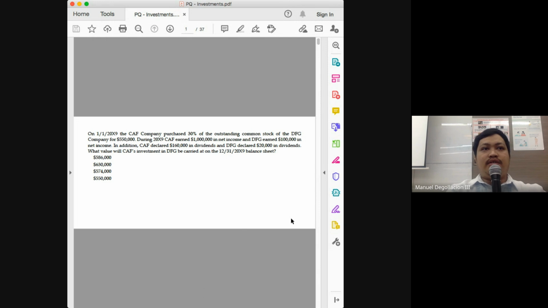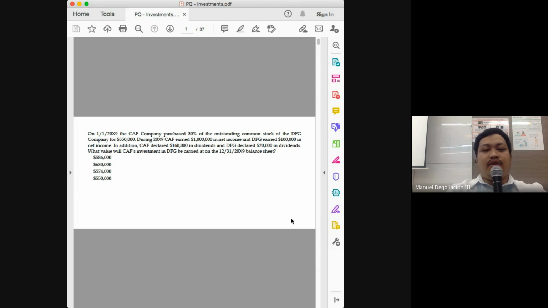In other words, the investor will be part owner of the investee. But not all instances of a company owning a part of another company will the relationship be considered as that of an associate.